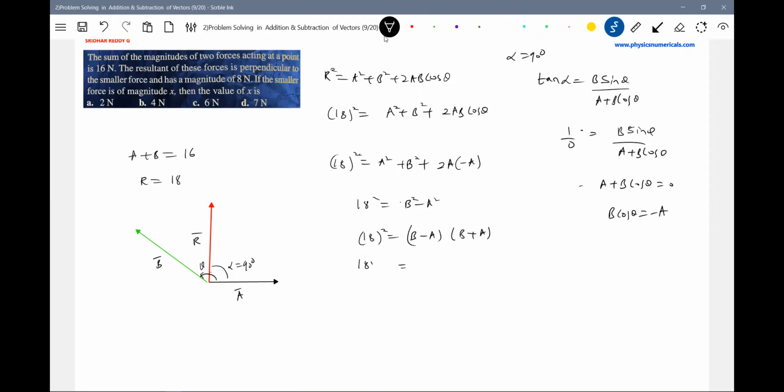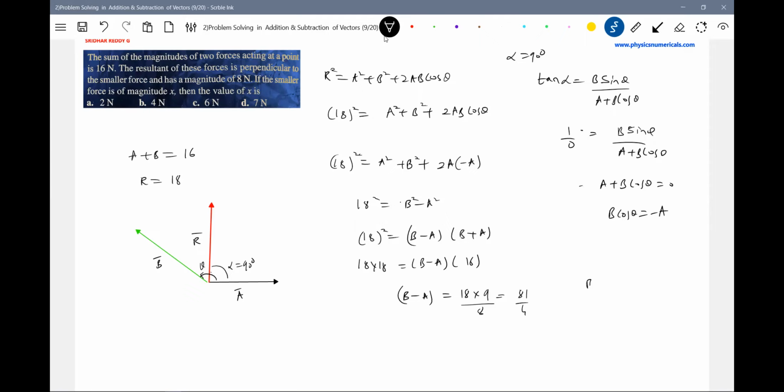So this is 18 into 18 by 16, and B minus A is 81 by 4.